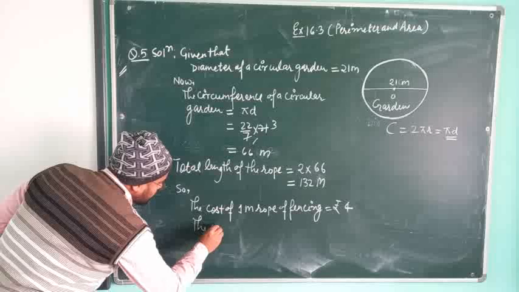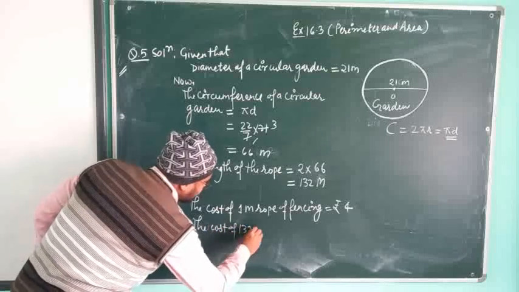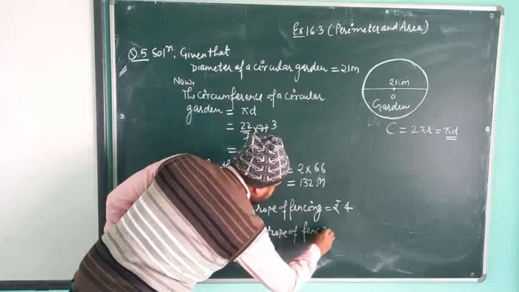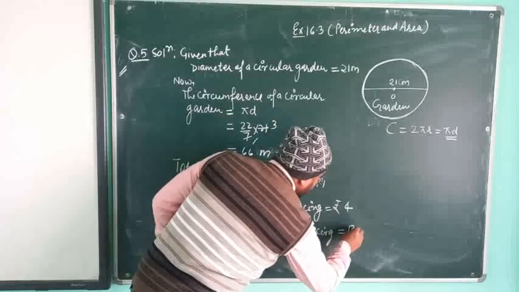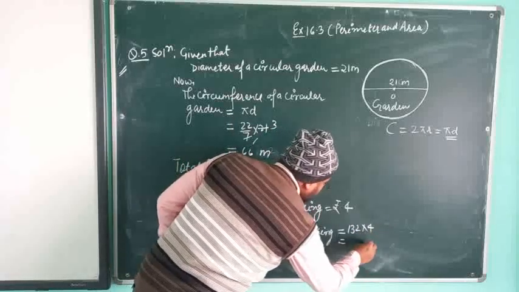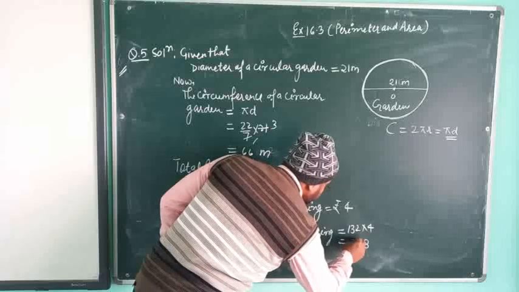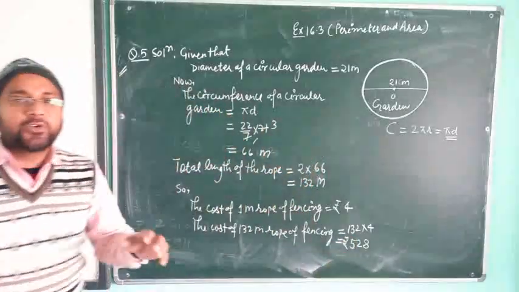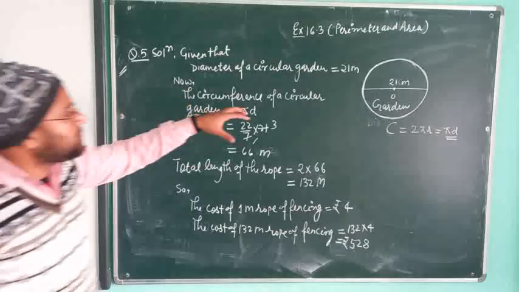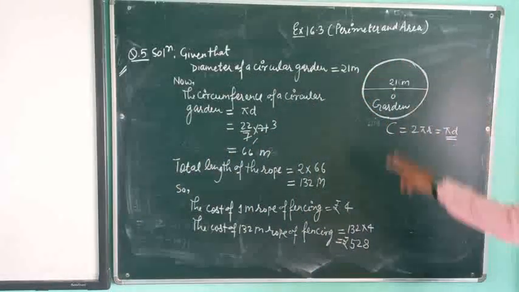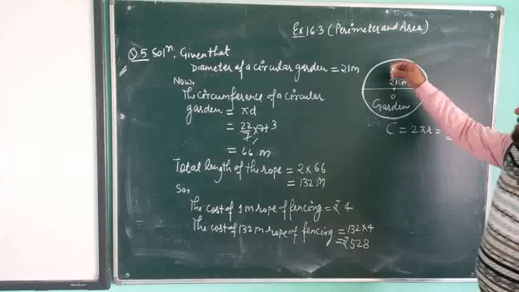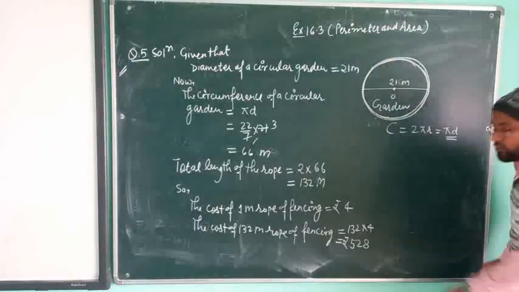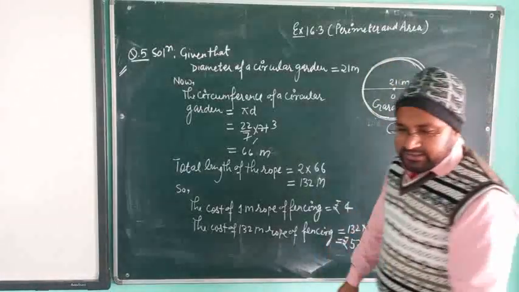The cost of 132 meter of fencing rope is equal to 132 multiplied by 4. 4 2s are 8, 4 3s are 12, and 4 1s are 4, so 528 rupees is needed to fence this garden 2 times. If you cover the circular path 2 times with fencing, it will cost 528 rupees. So complete this one.